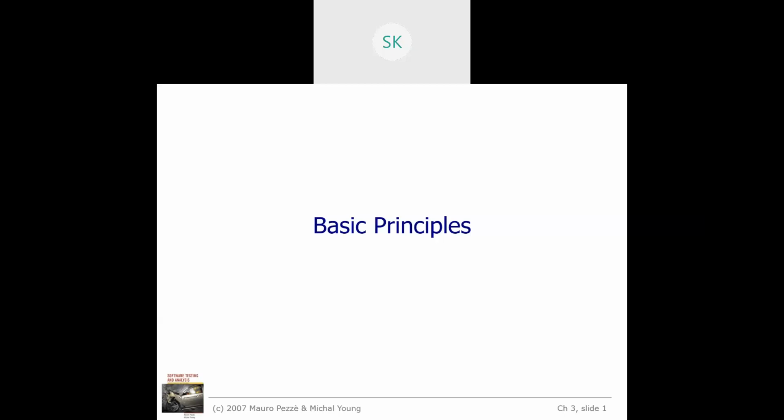So mainly there are two clusters available with respect to basic principles of analysis and testing. First is specific analysis and testing strategies. Second one is generic analysis and testing strategies. In each cluster, there are three more subdivisions.